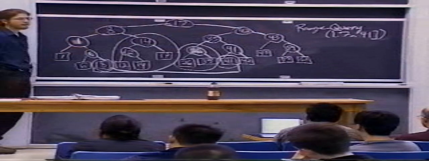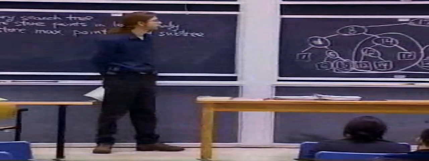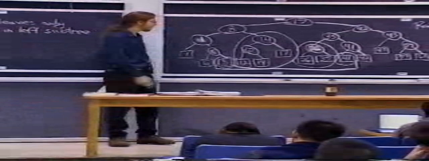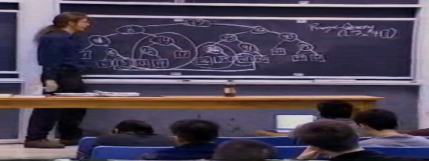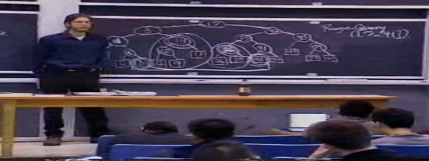Okay, so that's the key property of this tree organization that we get. Okay, that we can say, well, I don't have to say 12, 14, 17. I can just say that subtree rooted at 14. Okay, if I give you this node, and this node, and this node, and this node, you can figure out what the answer is.